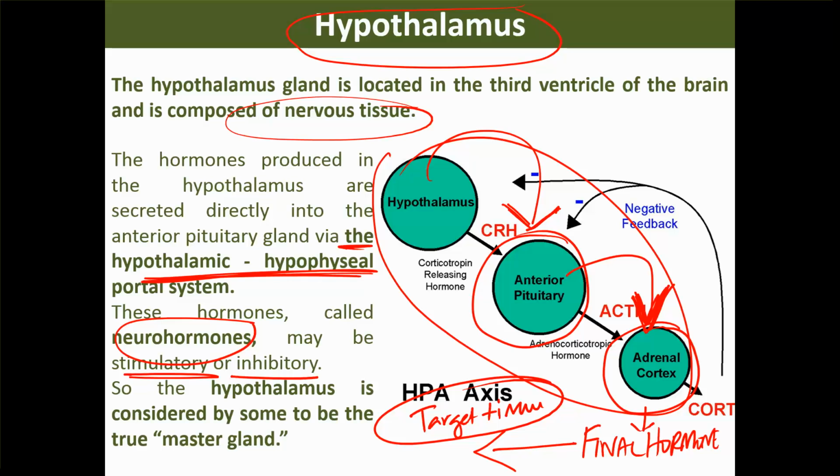Some call the hypothalamus the true master gland, but some call the pituitary the master gland. However it may be, you have to understand the hypothalamus is controlling the anterior pituitary. So the anterior pituitary is under the control of the hypothalamus.